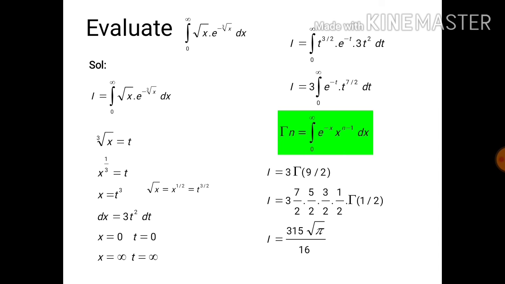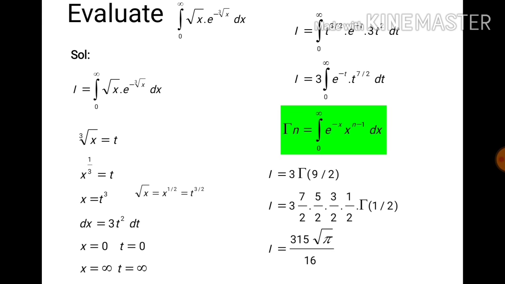Take one problem. Suppose this is a problem. Let I be equal to the integral from 0 to infinity of root x e raised to power minus cube root of x. The first step is cube root of x is equal to t, x raised to 1 by 3 is equal to t, x is equal to t cube, then dx is equal to 3t square dt. When x is equal to 0, t is equal to 0; when x is equal to infinity, t is equal to infinity. Substitute this value in the above integral. Then t raised to power 3 by 2 e raised to power minus t, 3t square into dt.